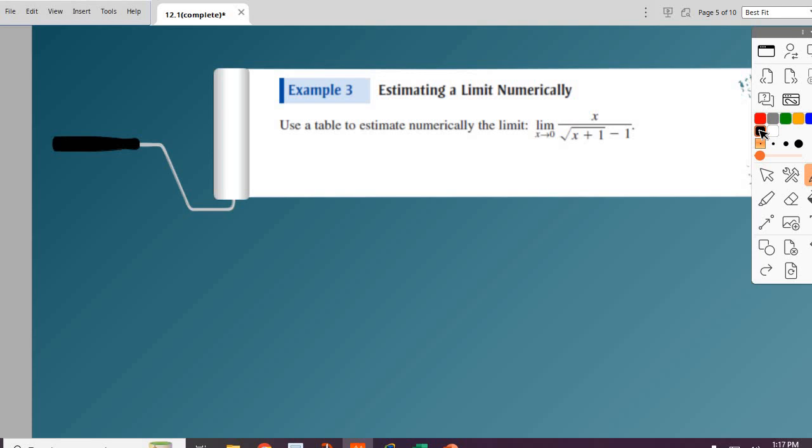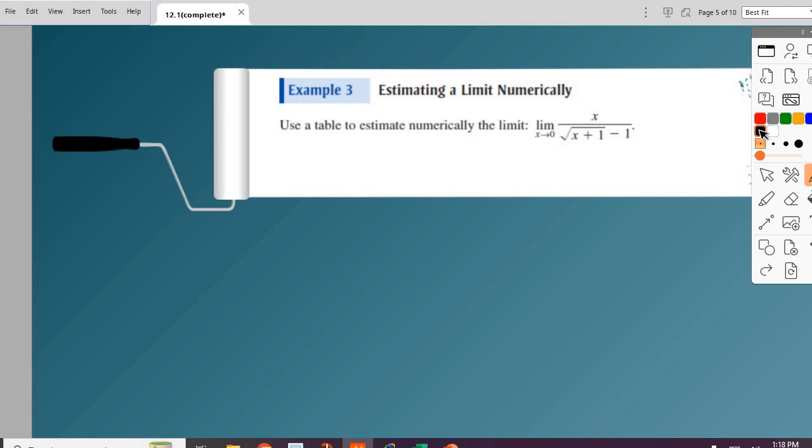So, do we know how to make a table in our scientific calculator? No idea? Okay. Well, I'm about to blow your mind to show you how. I'm going to tell you how to do it in the scientific first, and then I'll walk you through the steps of the graphing just in case you have that one.